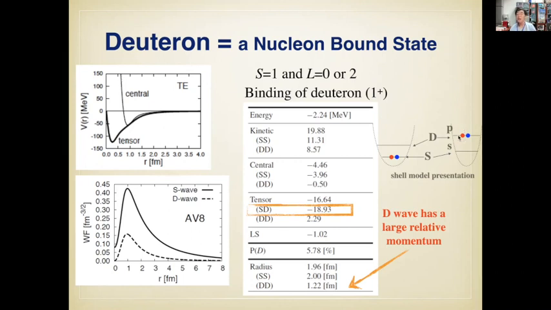So actually, in the D wave, nucleons are bound in a much narrower potential than this. To make this, you really need the high momentum component.